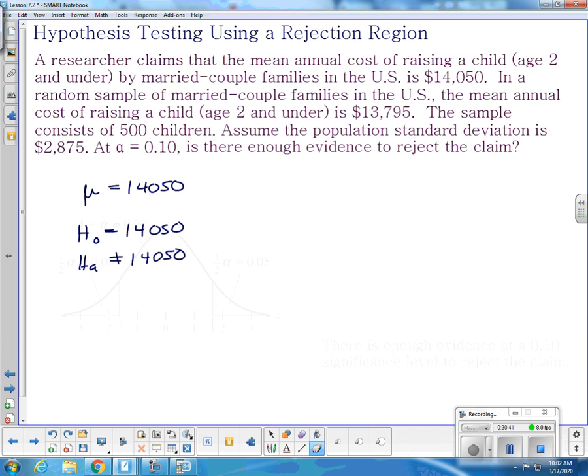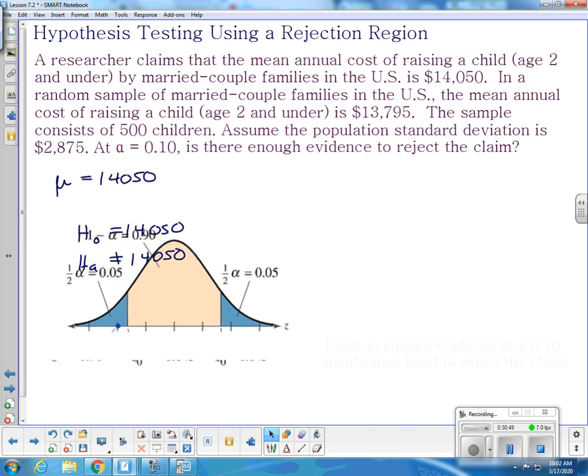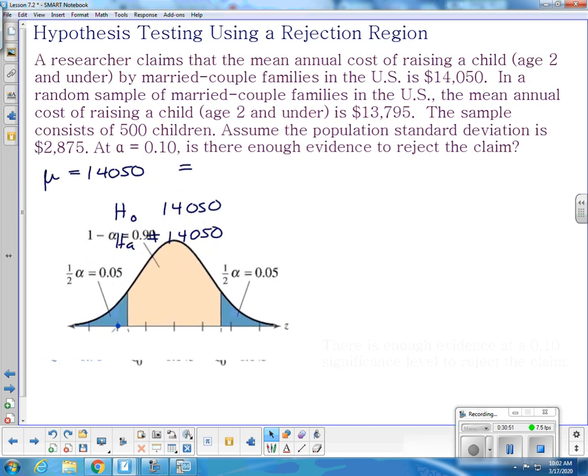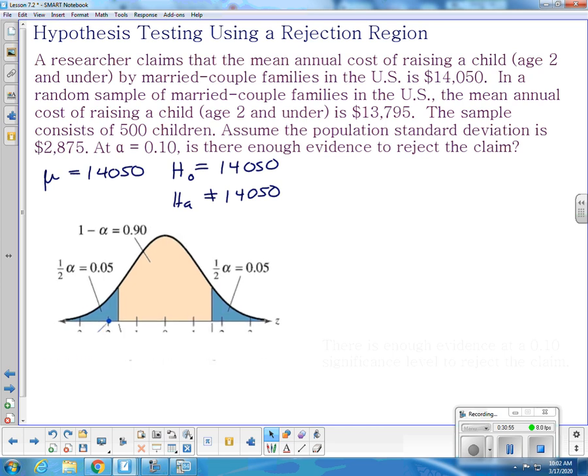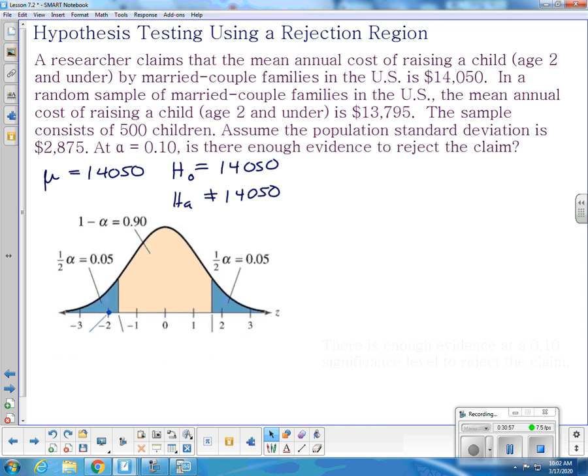So looking at this, this is a two-tailed test. So we have equals and non-equals. So this is our picture. Move these guys around again. Okay. Two-tailed test. All right. So at 5%, we're over here.